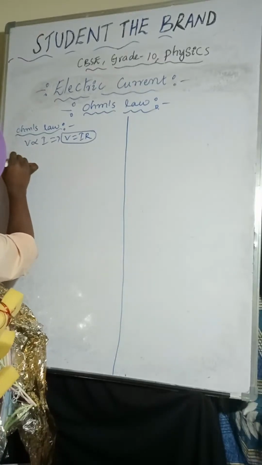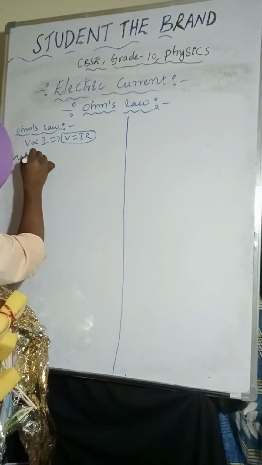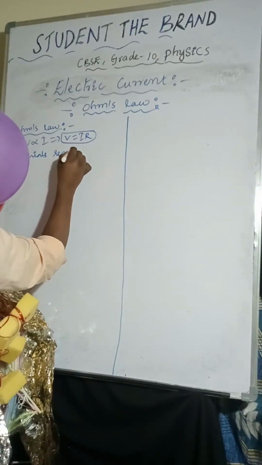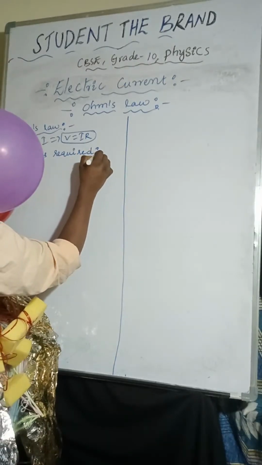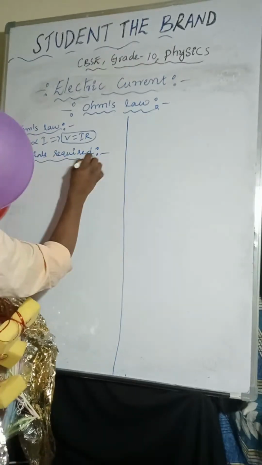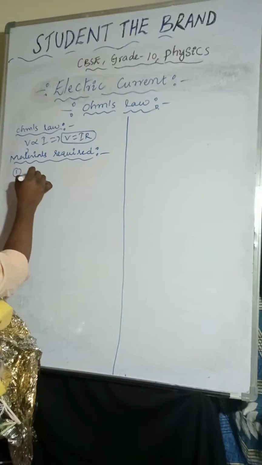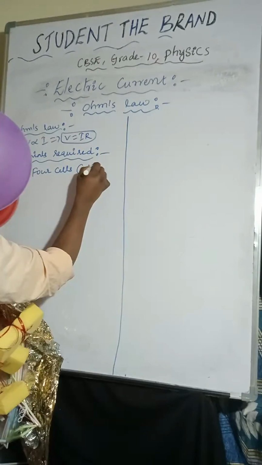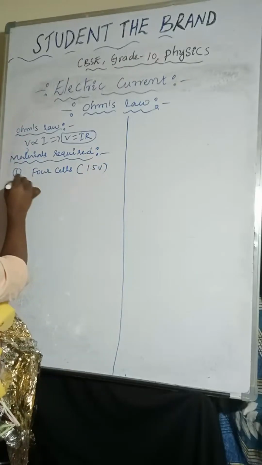So now, materials required. First one is 4 cells of 1.5 volts each. Second one, nichrome wire.